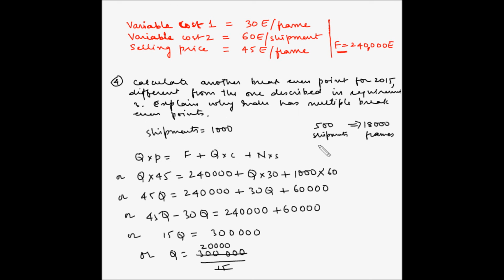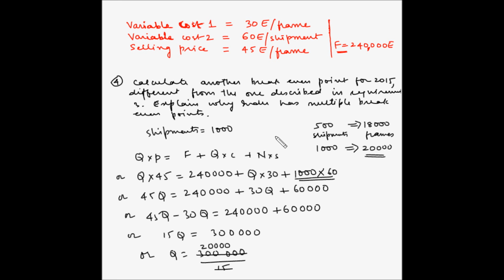So now when we increase the number of shipments to 1,000, the break-even point is coming out to be 20,000 frames. So again, here we have increased the number of shipments, and therefore we have increased the variable cost component of the total cost, and therefore the distributor Indu has to sell more in order to recover the additional cost, and so the break-even point has increased from 18,000 to 20,000 frames.